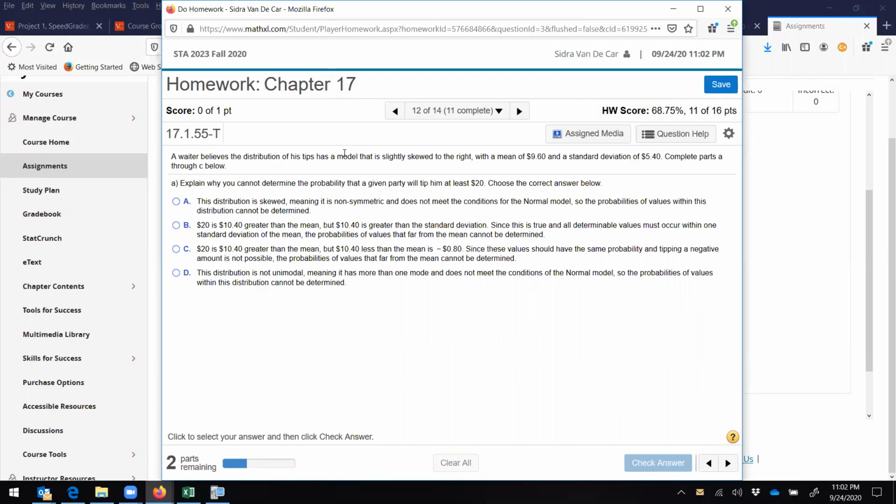Weider believes the distribution of tips has a model that is slightly skewed to the right with a mean of 9.6 and a standard deviation of 5.4. Explain why I cannot determine the probability that a given party will tip him at least $20: because that's not normal if it's skewed. So I can't do probabilities on something that's not normal.